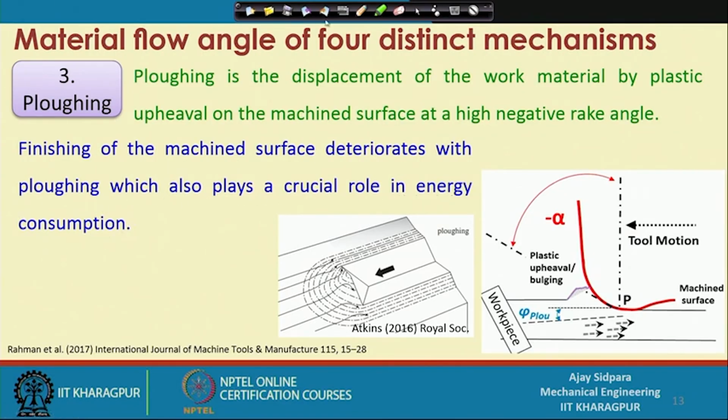Now, in this particular case, let us see what is going to happen. If you see this cross section from here, what is going to happen? So, this is your original surface, suppose, and this one is your tool. So, this is our tool.